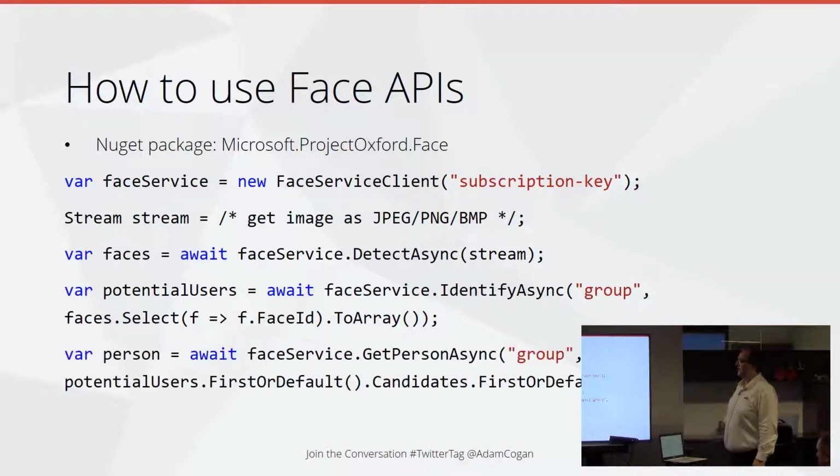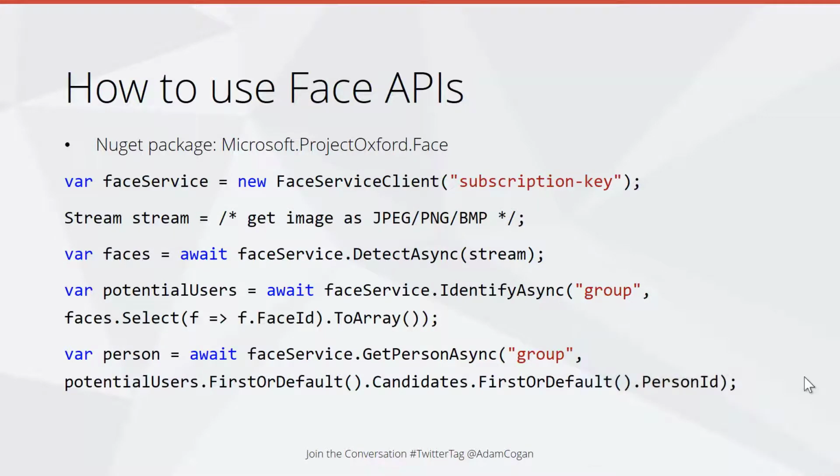And all we are left to do is go through the candidates for each potential user and say, yeah, I'll take this user because it has high probability. And in most cases, the first user in the list is really close to what you want.